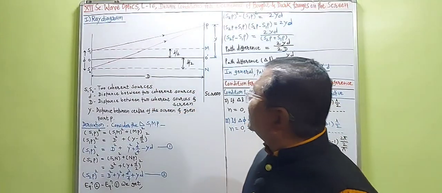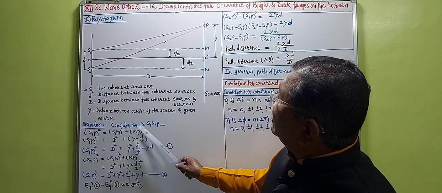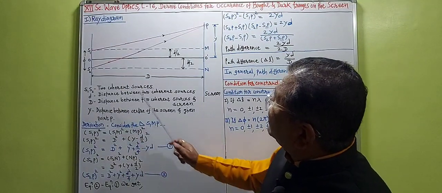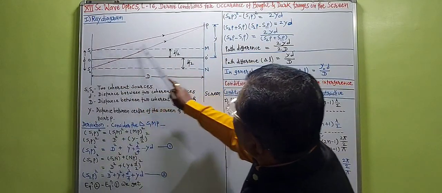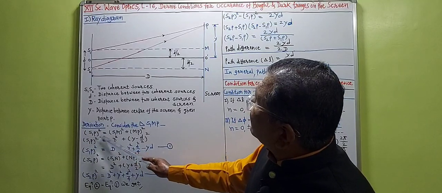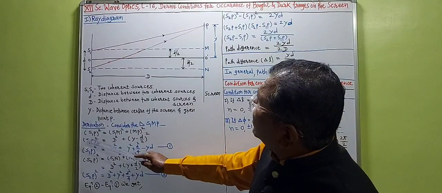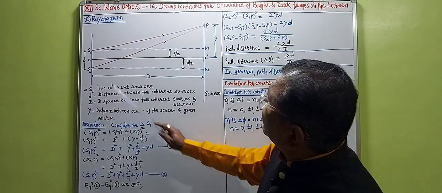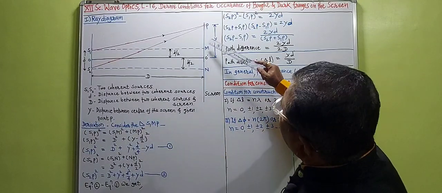For that purpose, we will consider the first triangle. Consider the triangle S1MP. Where is S1? S1MP, this triangle. So we can write here S1P square is equal to S1M square plus MP square. What is S1M? S1M is capital D, so D square, plus what is MP?